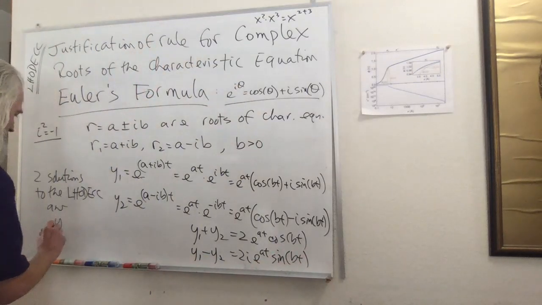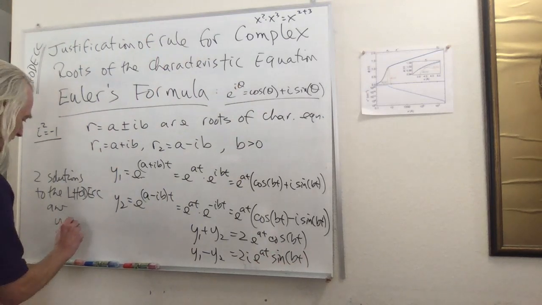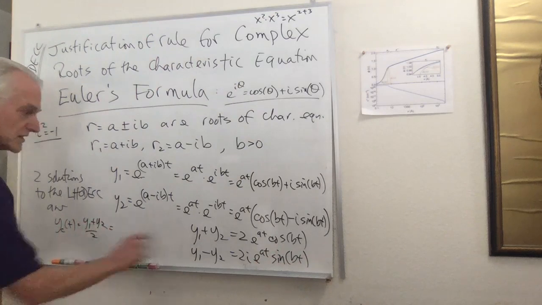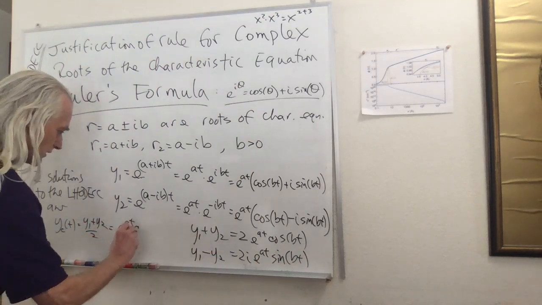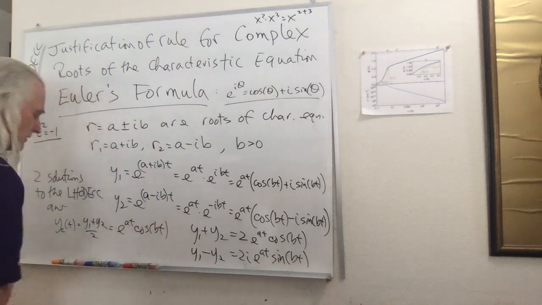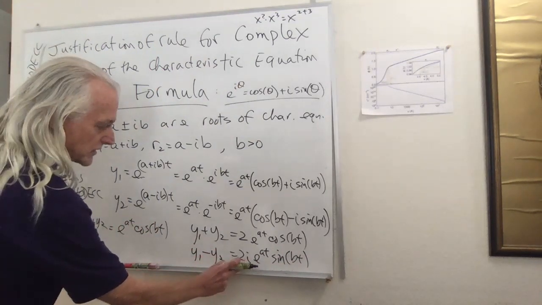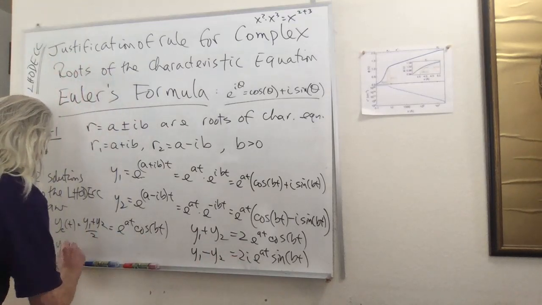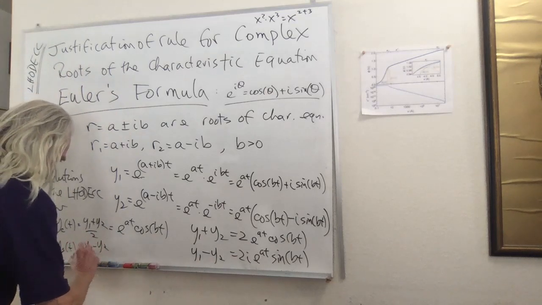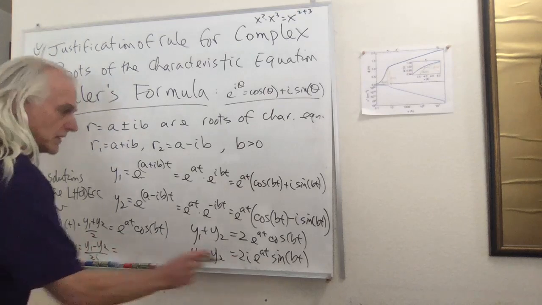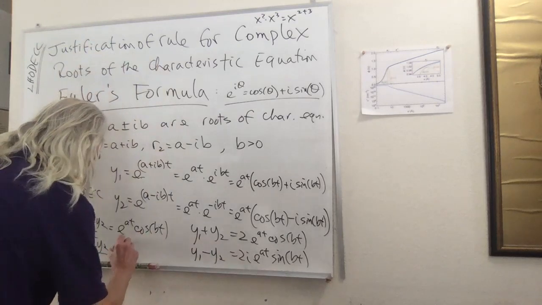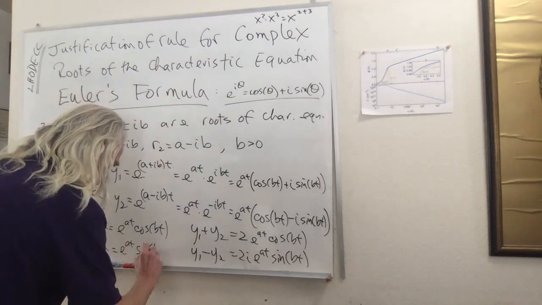So I have y, I'll call it y sub c of t, standing for cosine, is going to be a half, y1 plus y2 over 2, is going to be e to the at cosine of bt. And then I can get rid of that minus sign and that 2 by dividing the difference by 2i. I'm going to call that y sub s of t is y1 minus y2 over 2i. And that's going to be, divided by 2i gets rid of that, I get e to the at sine of bt.